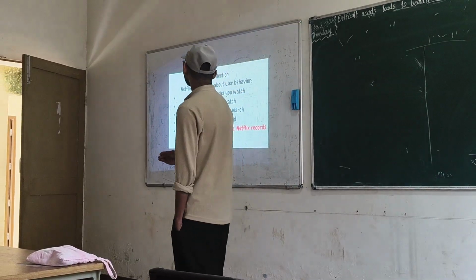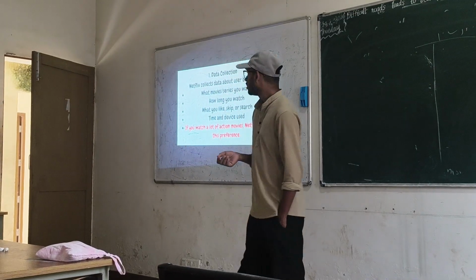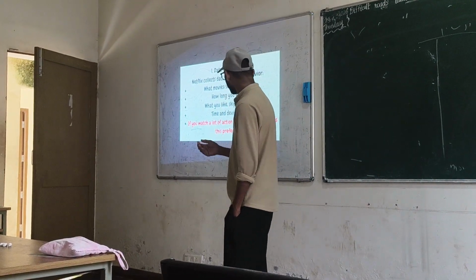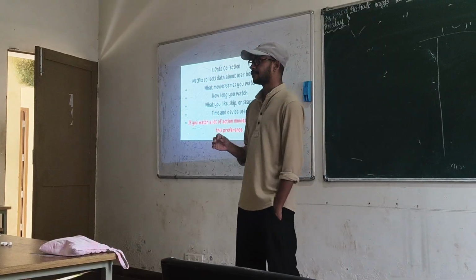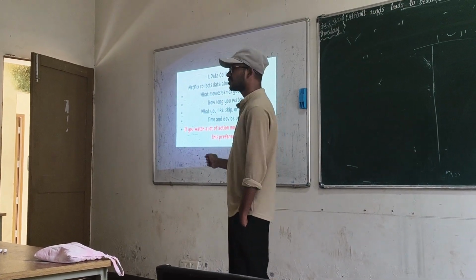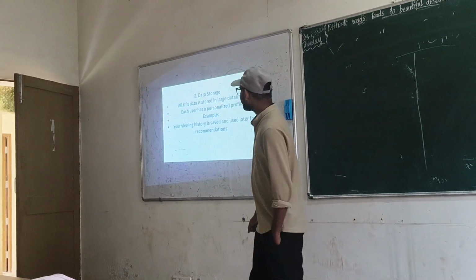So if you watch a lot of action movies, it will suggest action movies, and Netflix records this as a preference. So this is what data collection is in modern applications.